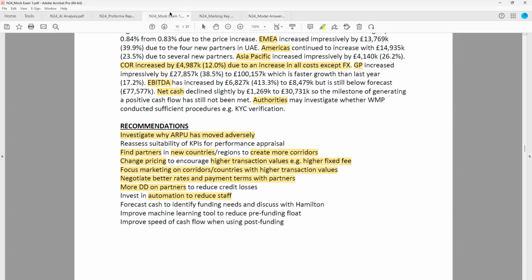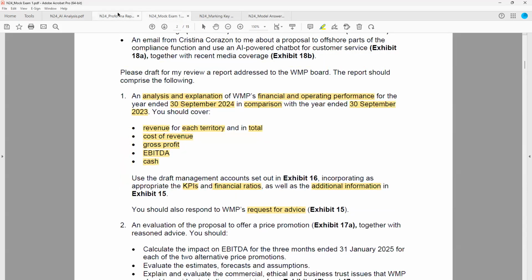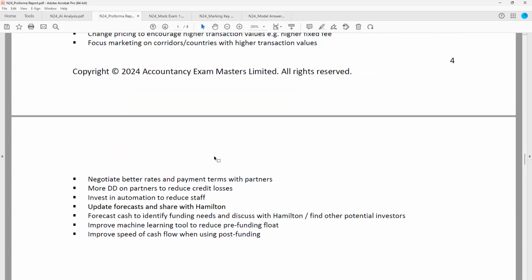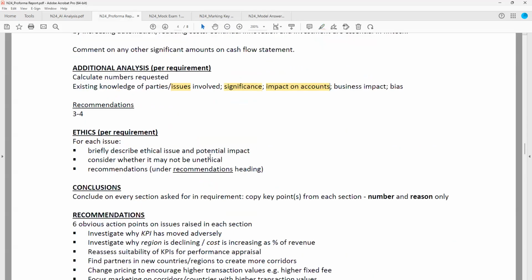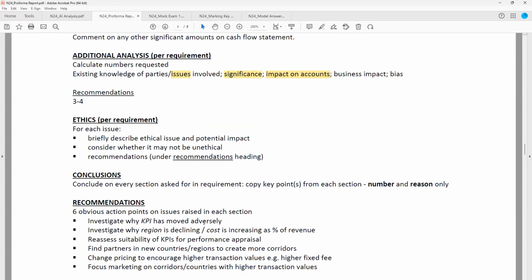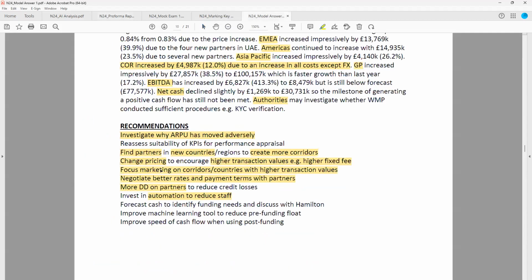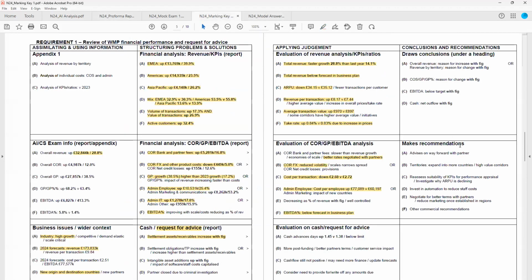So I think it's easy to get quite a lot of recommendations in requirement one. We've got some suggested ones on our pro forma report that you have to do in the exam, but just make sure you tailor it to what's happened in a specific scenario. Focus on what's happened in this particular scenario, because sensible action points based on what's happened in the year are what will be included in the recommendations section.